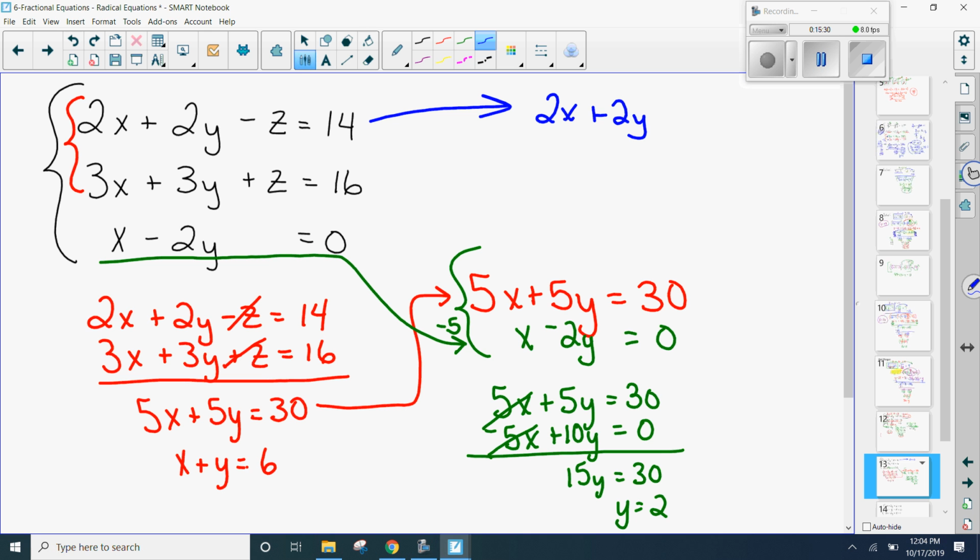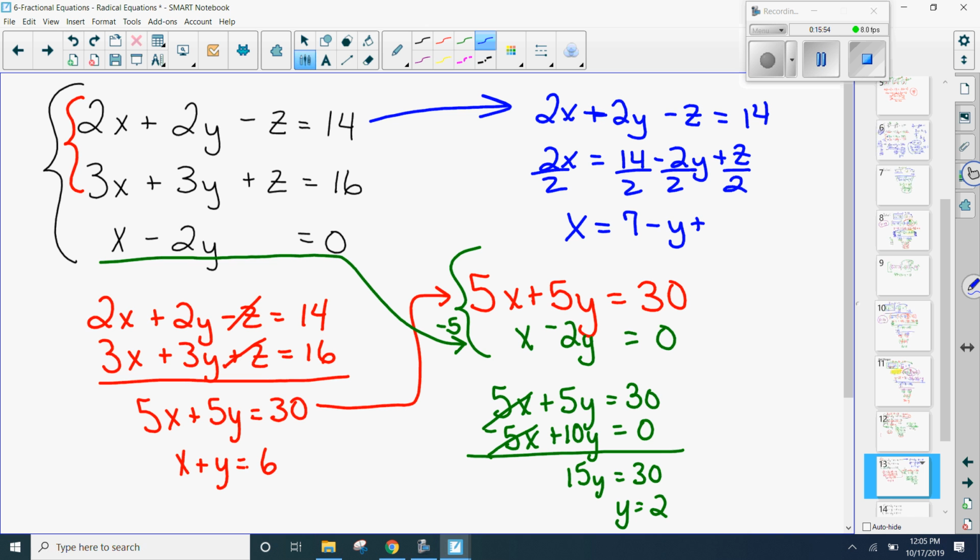Ooh, okay, I'll show you. If you want to solve this equation for x and then substitute, you're going to get 2x is equal to 14 minus 2y plus z, and then you divide everything by 2, and what you're actually substituting in then is x is equal to 7 minus y plus 1/2 z. You can do that if you want to work with substituting something like that in.